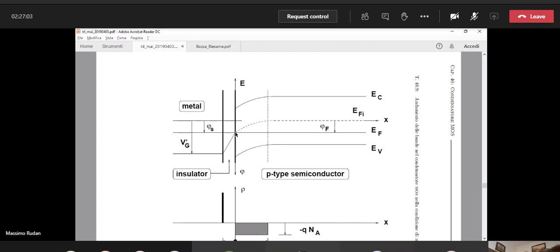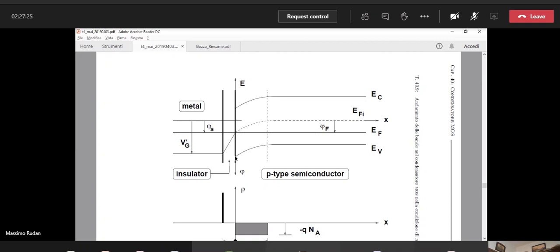Well, the Fermi level now has a distance from the edge EC of the conduction band that is exactly equal to the distance between the Fermi level again and the edge EV of the valence band.